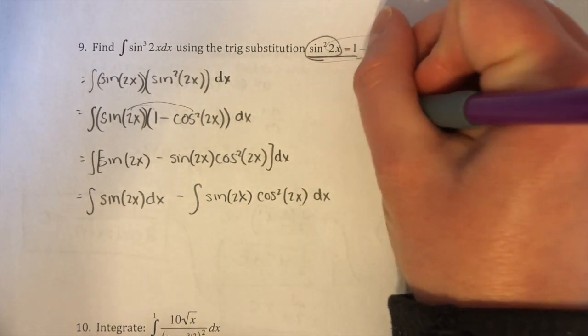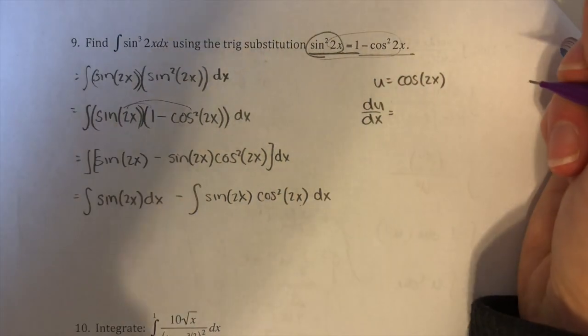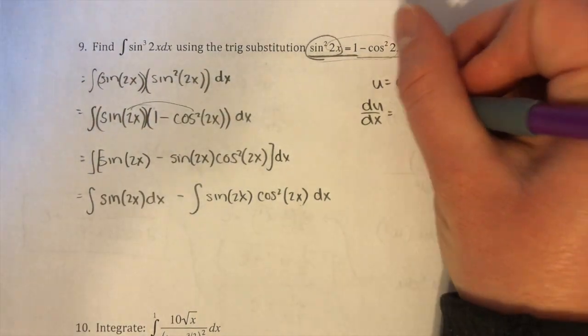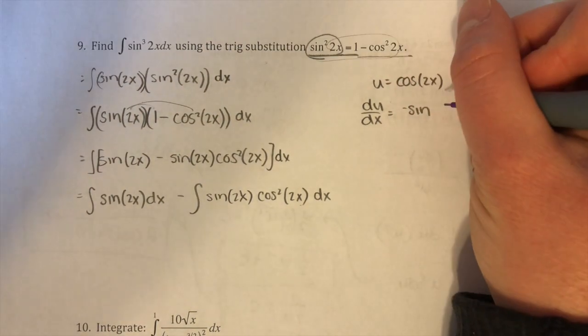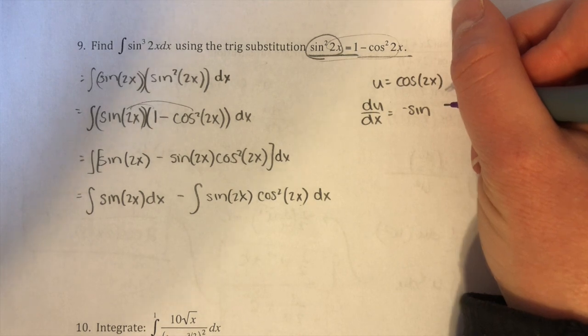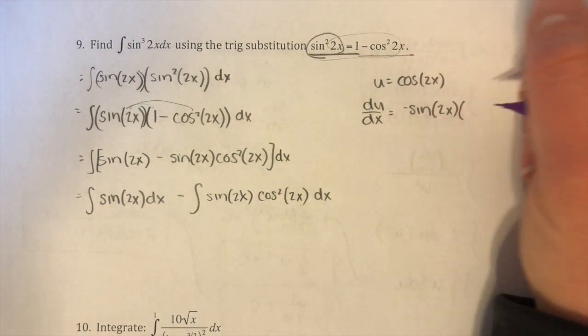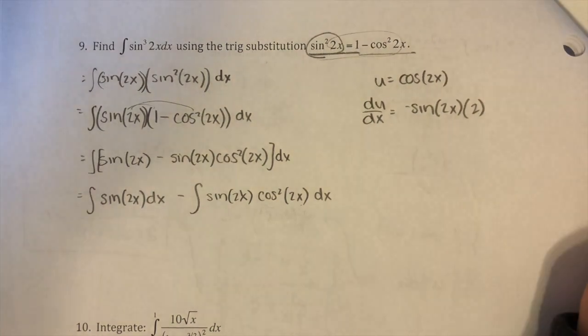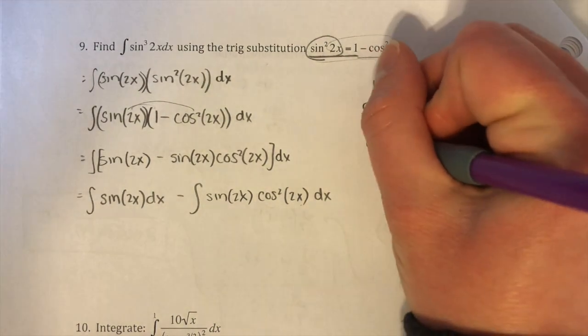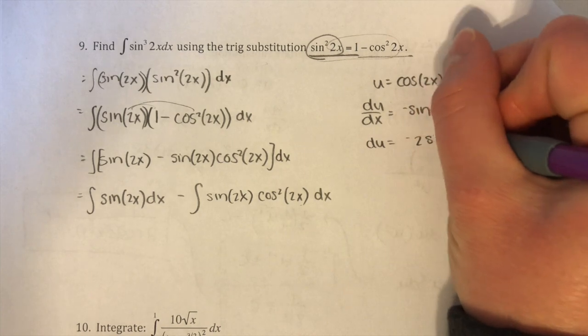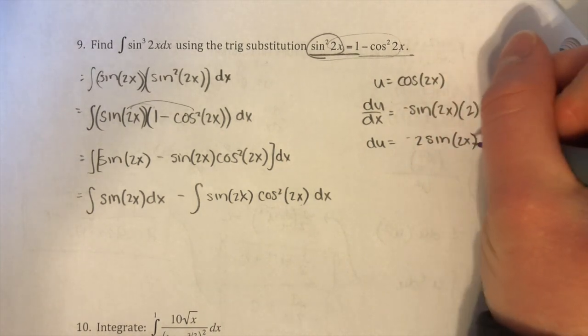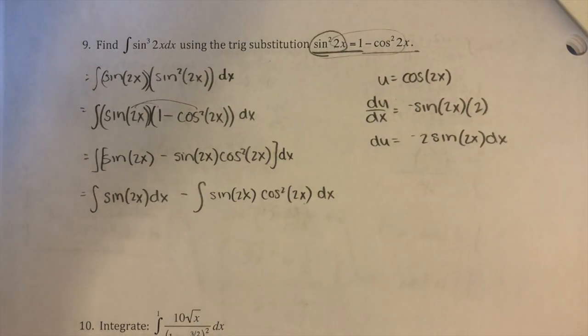Then du dx, the derivative of cos is negative sine times the 2x, and then times the derivative of what's inside, so 2. So then du is going to be negative 2 sine 2x dx.